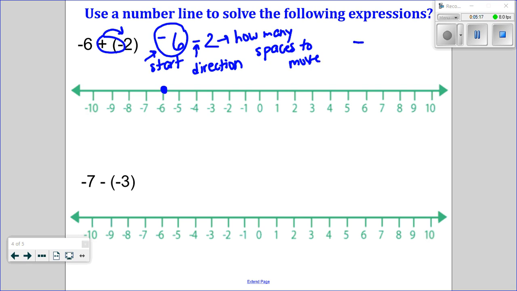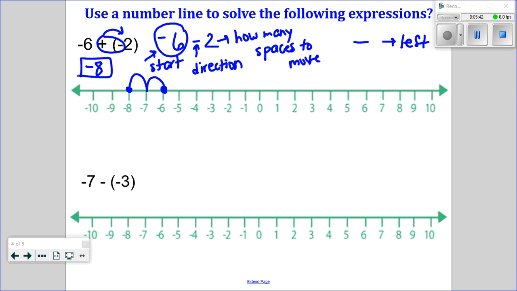So on the side, I'm going to put a minus sign, and you're going left. So again, I started at -6. The sign tells me to move to the left, and I'm moving to the left 2 spaces. So my final answer would be -8.